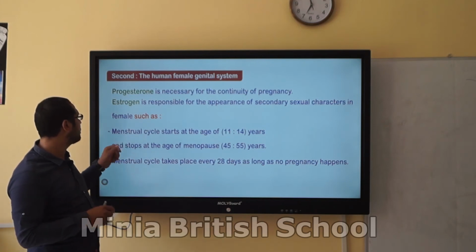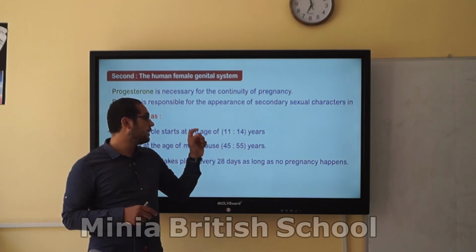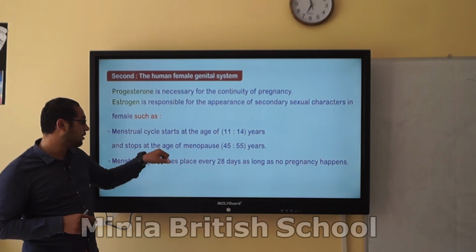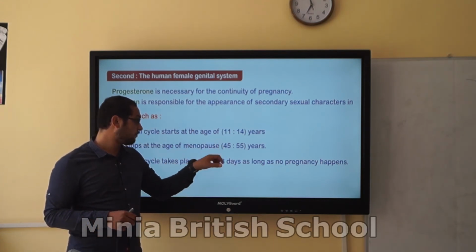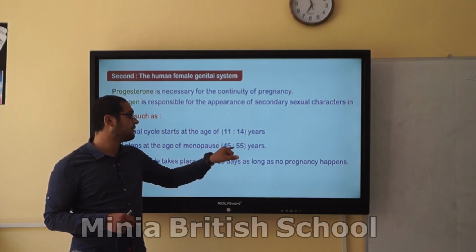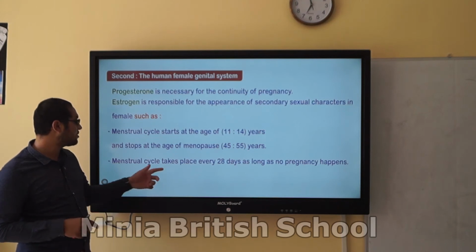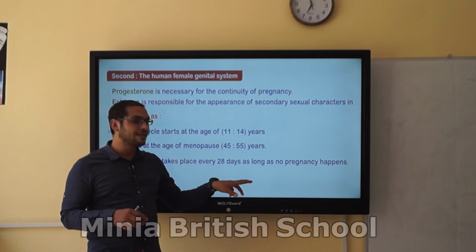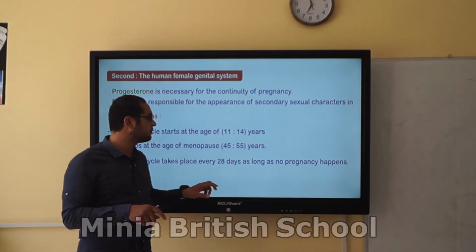So as you can see here, the menstrual cycle starts at 11 to 14 years and stops at the age of menopause, from 45 to 55 years. The menstrual cycle takes place every 28 days as long as no pregnancy happens.